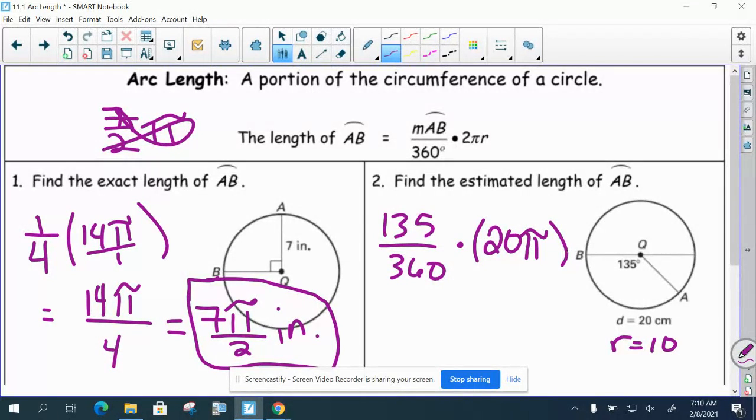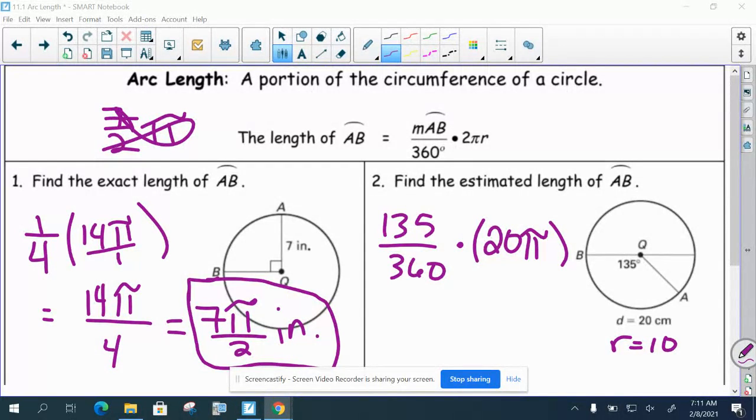Okay, so now I need to figure out if 135 is divisible by 360. I'm going to check to see what 360 is divided by 5. 72. And then 135 divided by 5 is 27.